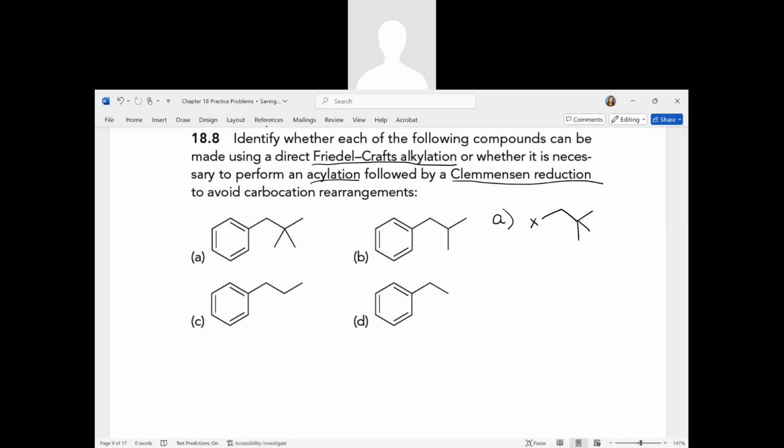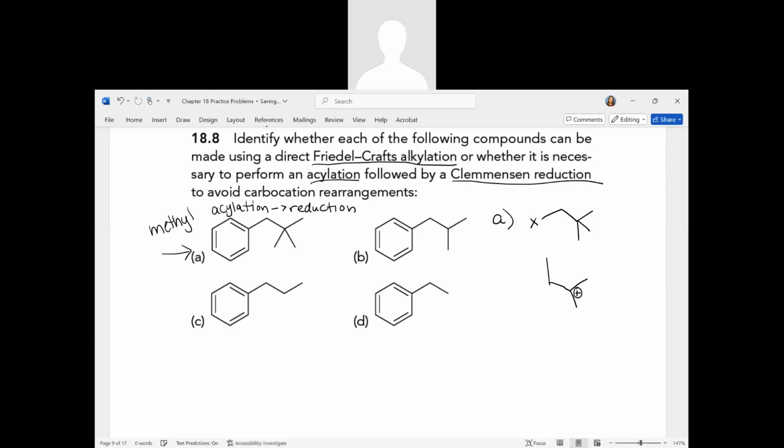So this type of carbocation intermediate that would form would be likely to do a rearrangement to form a tertiary carbocation that would look something like this. So in order to form our product in A, due to this methyl shift that would occur, or a methide shift, we would have to do an acylation followed by that Clemmensen reduction.